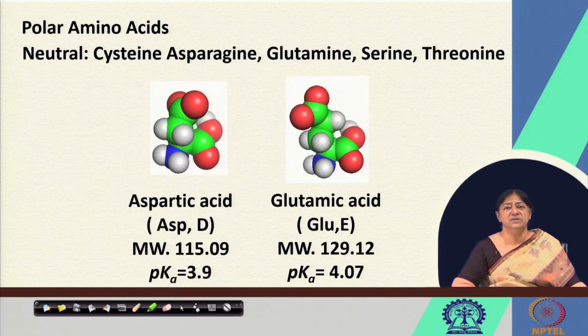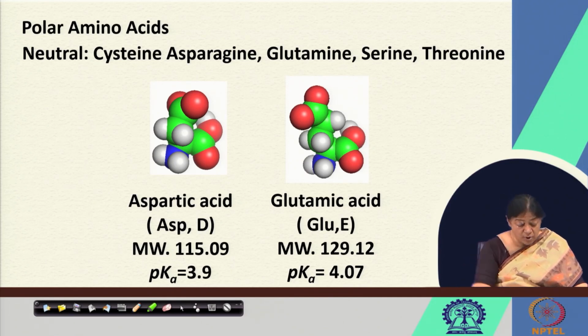If we go into further details and try to understand what these structures are all about, then we see that aspartic acid and glutamic acid are the acidic amino acids, as in the picture that we see here.